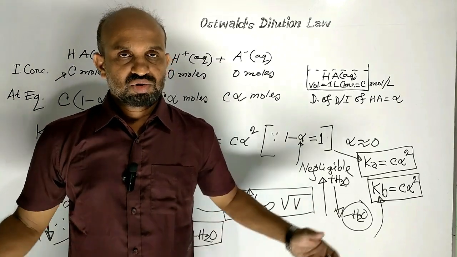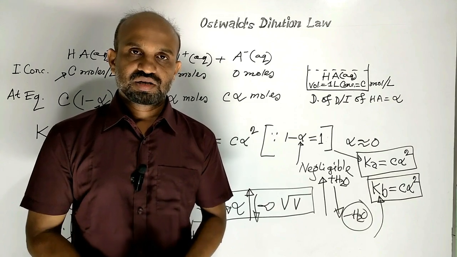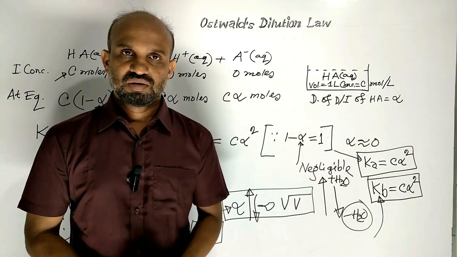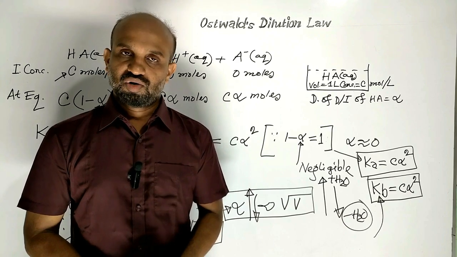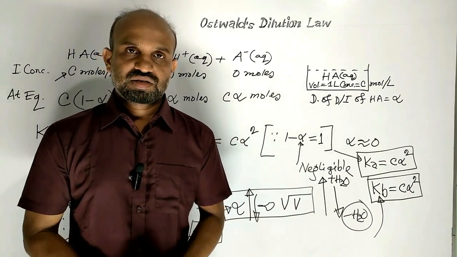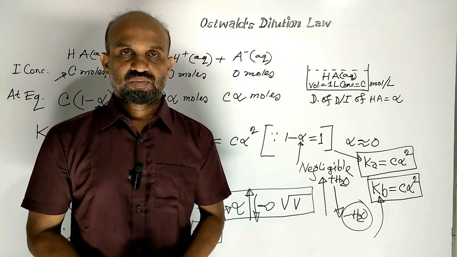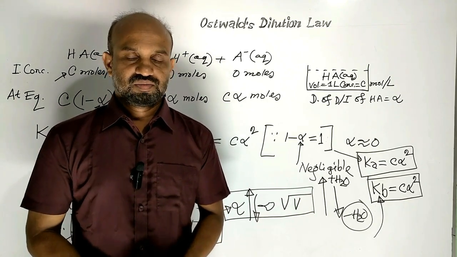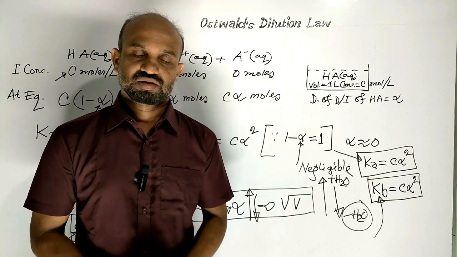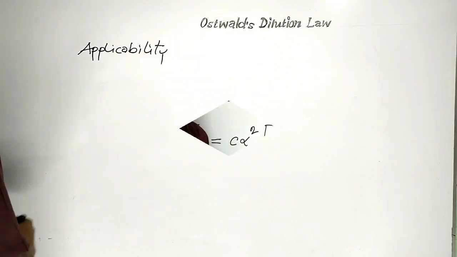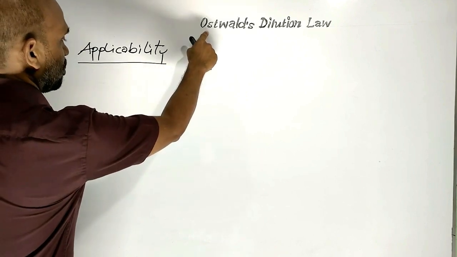Simply, Ostwald's dilution law is that the degree of dissociation is inversely proportional to the square root of the concentration of the solution, or directly proportional to the square root of the volume of the solution. Now, let us see the applicability of Ostwald's law of dilution.